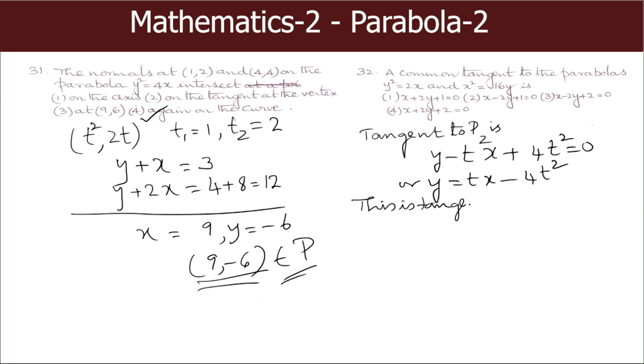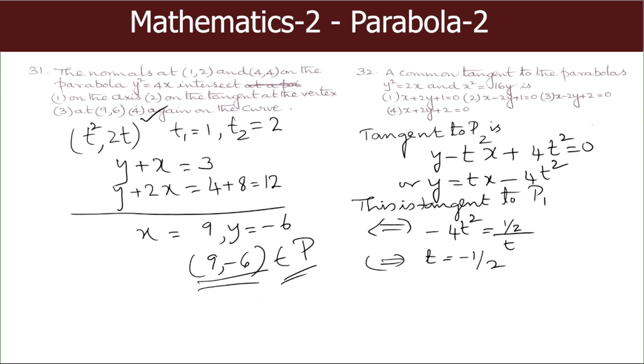It is a tangent to P1 if and only if c equal to a by m, that is minus 4t square equal to c. A is here 2 by 4, 1 by 2, and m means t. Or if and only if t cubed equal to minus 1 by 8, or t equal to minus half.